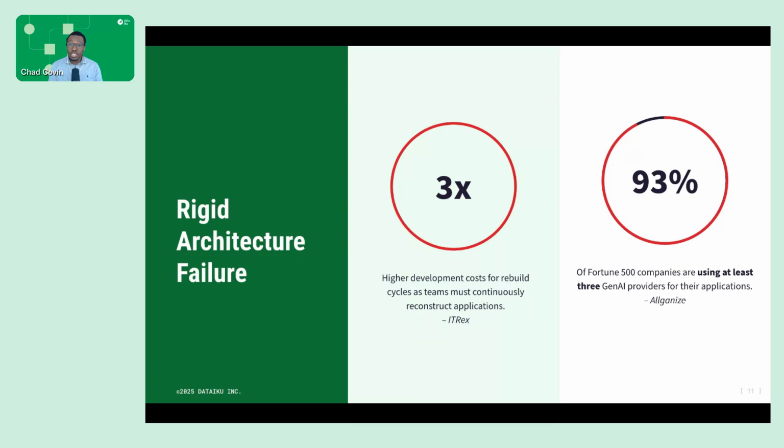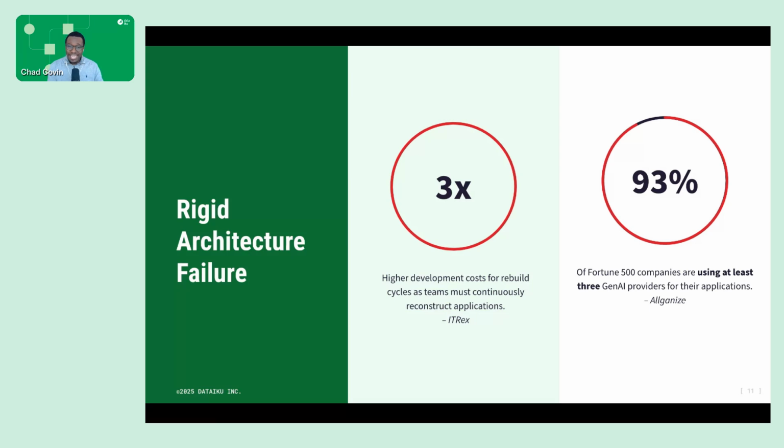When organizations build applications tightly coupled to specific models, they face the rebuild or fall behind dilemma. According to IT Rex, this rebuild cycle triples development costs as teams must repeatedly reconstruct applications with each model switch. Meanwhile, industry leaders have already figured this out.